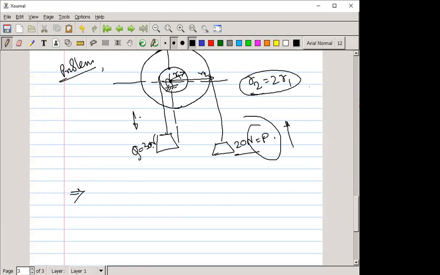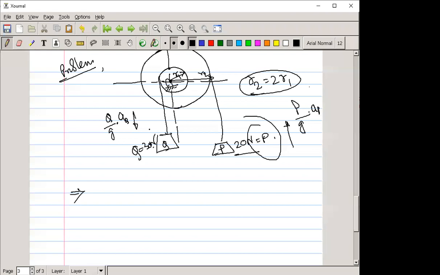We can consider that the force here is Q by g, the mass, into acceleration. We consider a of Q, because this is Q. Similarly, the weight is P divided by g into acceleration of P. We consider acceleration of the P body as aP and of the Q body as aQ.